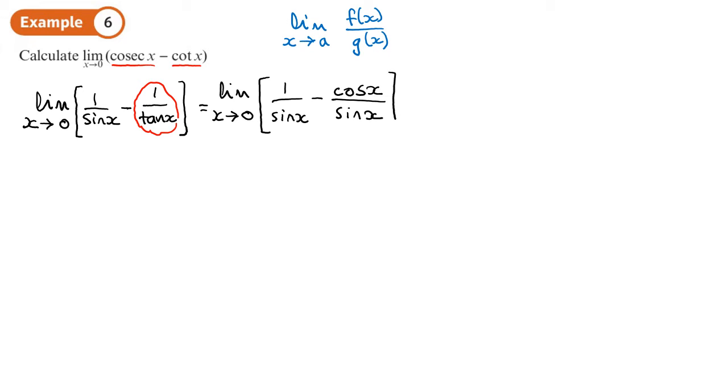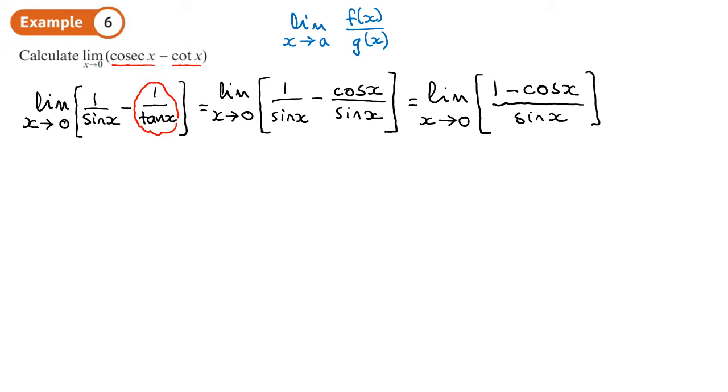I need to do that because I need to write it as a single fraction. So now I get it in the correct form, which would be 1 minus cos x over sine x. Right, so it's in the right form. Now we need to determine whether it's indeterminate.